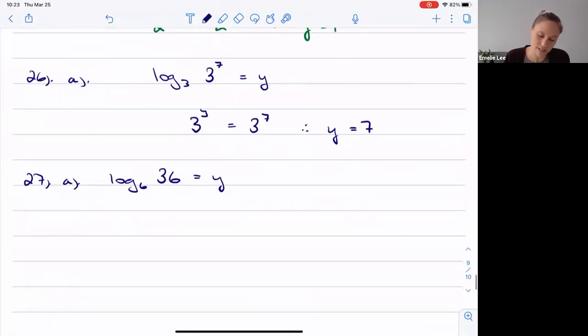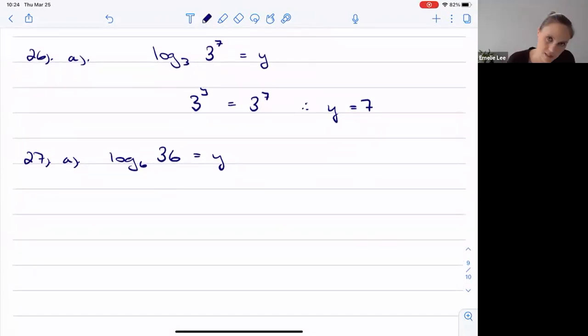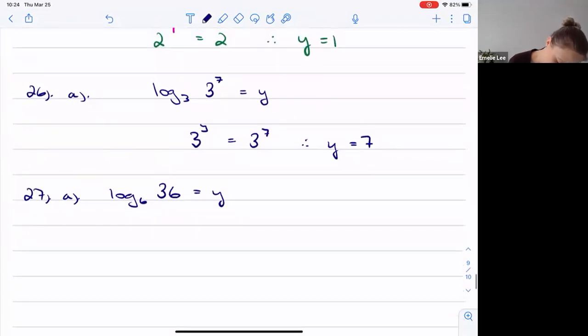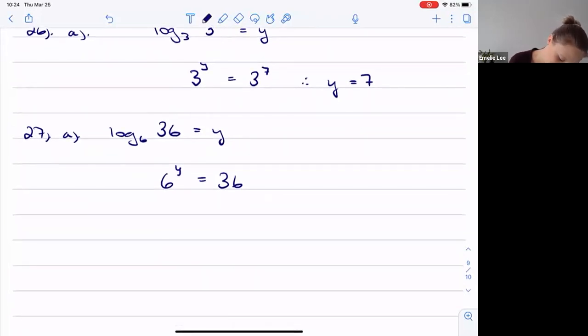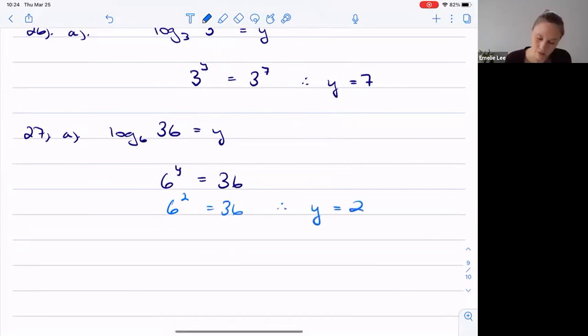You can try different values, but I think you'll find that 6 squared is 36. 6 times 6 is 36. So we've got 6 to the power of y equals 36, and we can try 6 to the power of 2. 6 to the power of 1 is 6, so we move on. 6 to the power of 2 equals 36. Therefore, y is equal to 2.